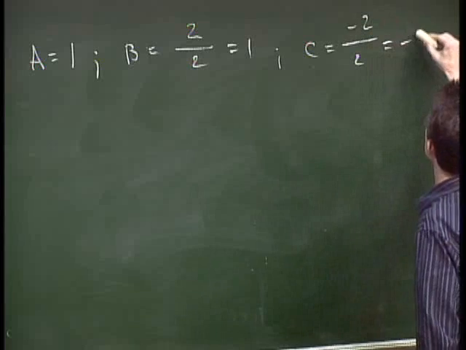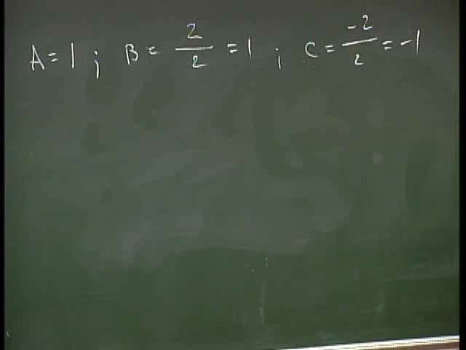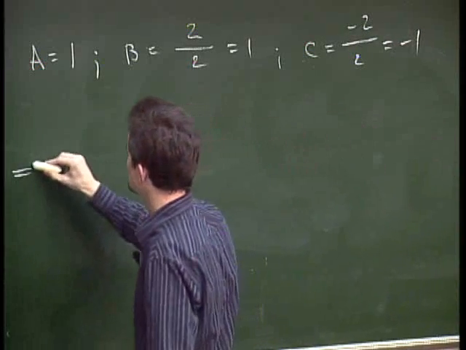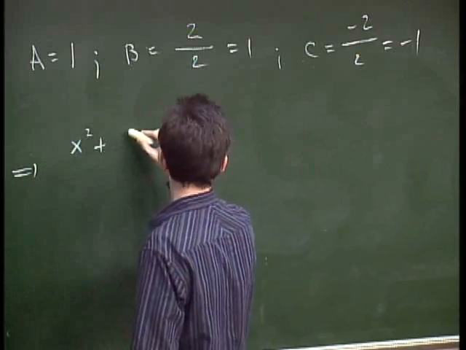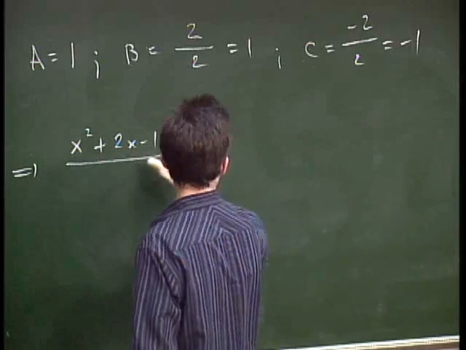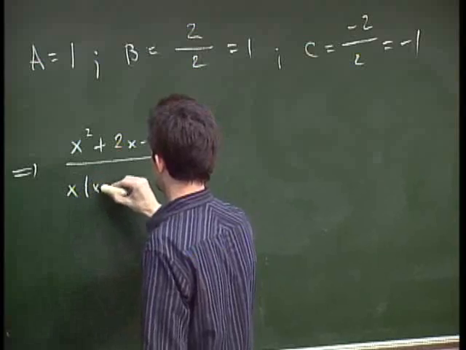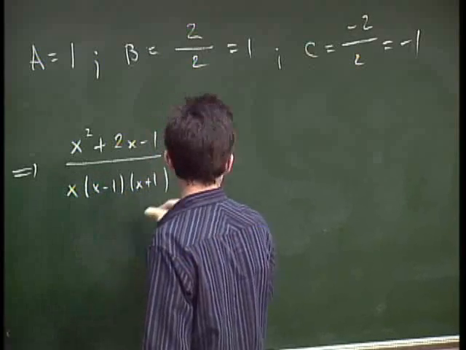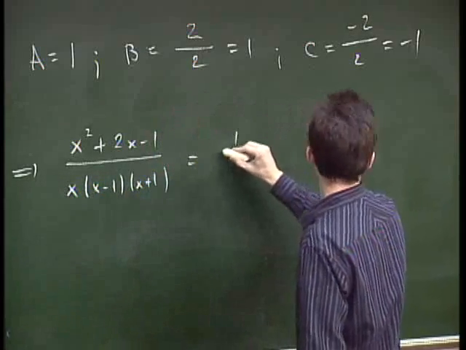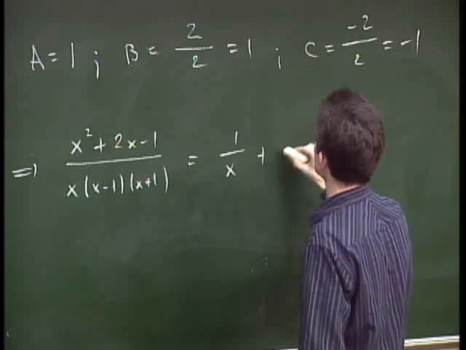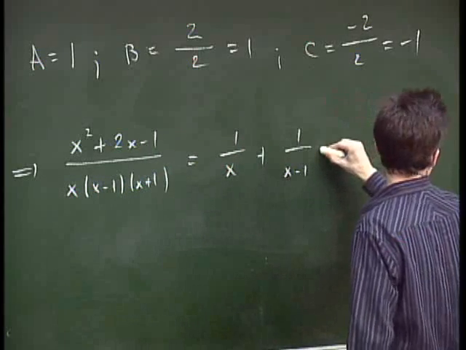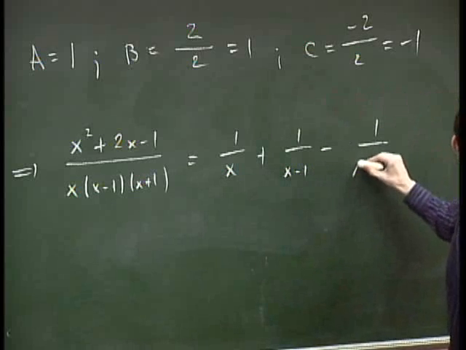So minus 1. Okay. And so overall you get x squared plus 2x minus 1 over x minus 1, x plus 1 is equal to 1 over x plus 1 over x minus 1 minus 1 over x plus 1.